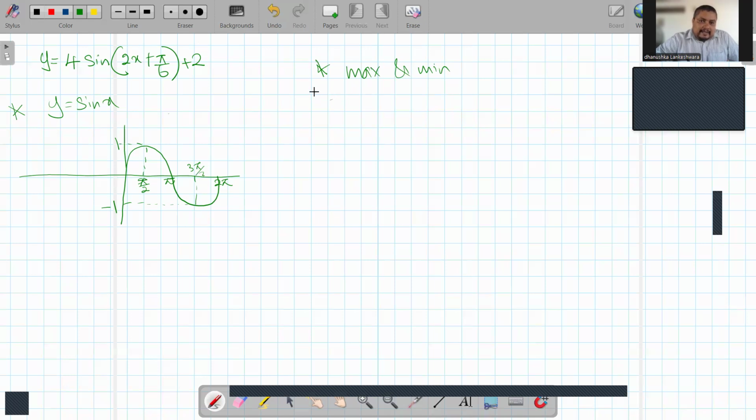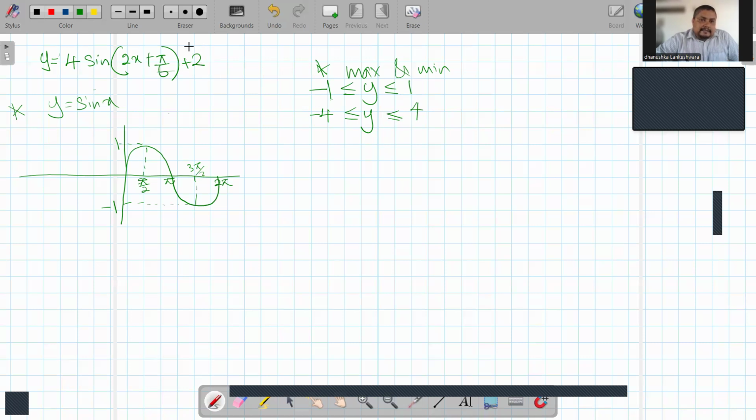So then I can write the range of the sine curve: -1 less than or equal to y less than or equal to +1, right? If you apply this 4, which means vertical stretch, all the y values are multiplied by 4, right? So then -1 becomes -4 and +1 becomes +4, right?